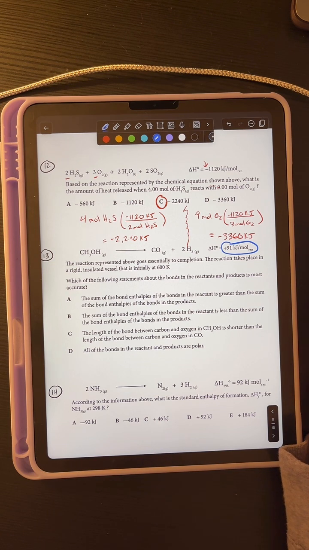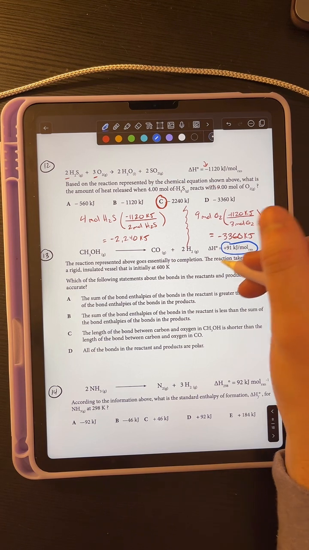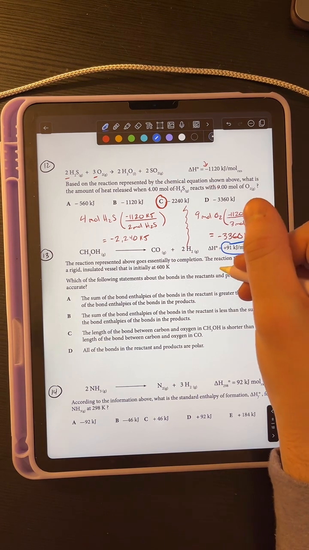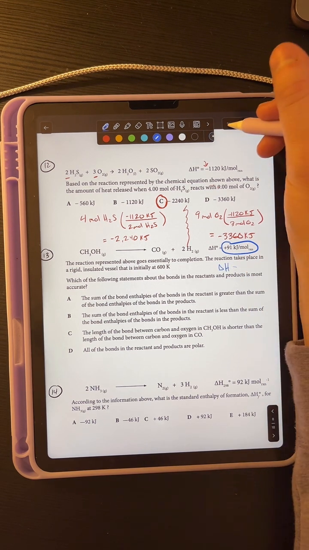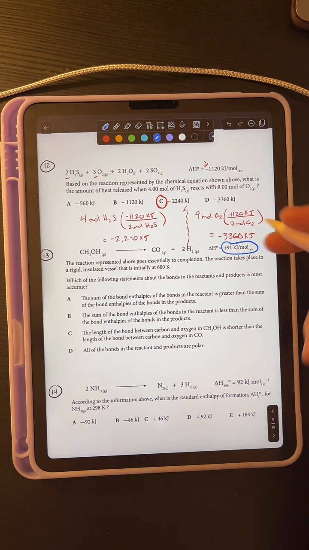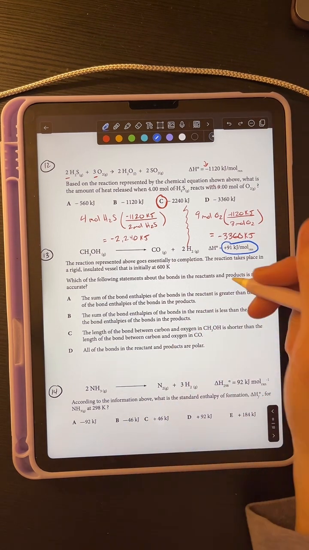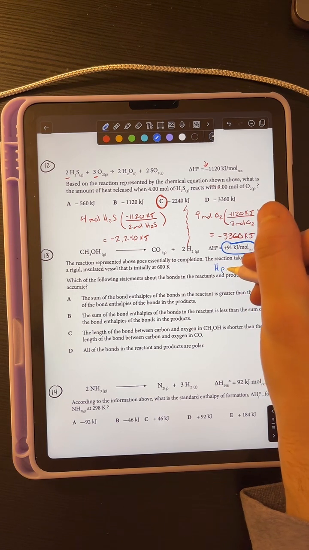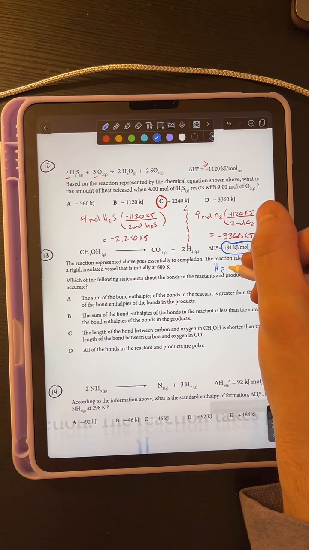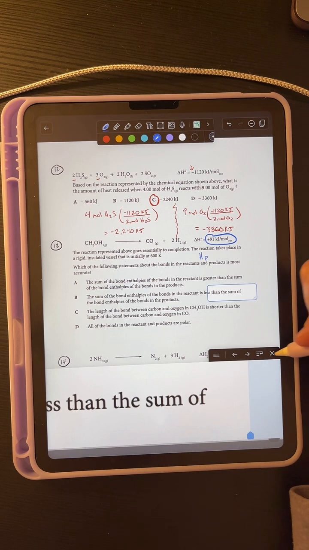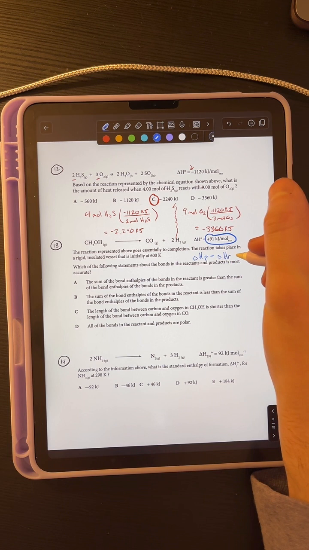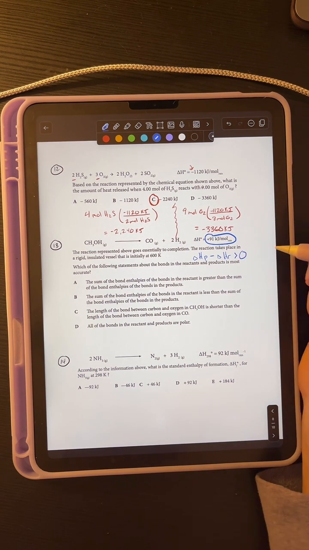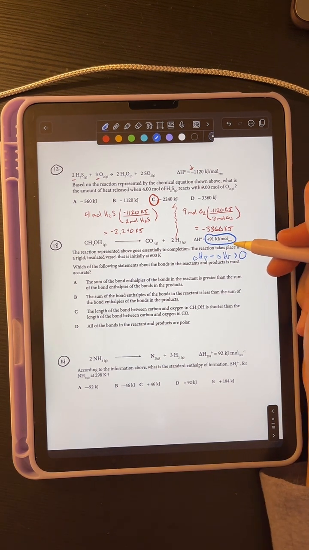And that delta H value comes from the bond enthalpies. So our delta H is our reactants and our products. What we're looking at here is delta H of our products minus delta H of our reactants, which must be greater than 0 because it is a positive value, right?